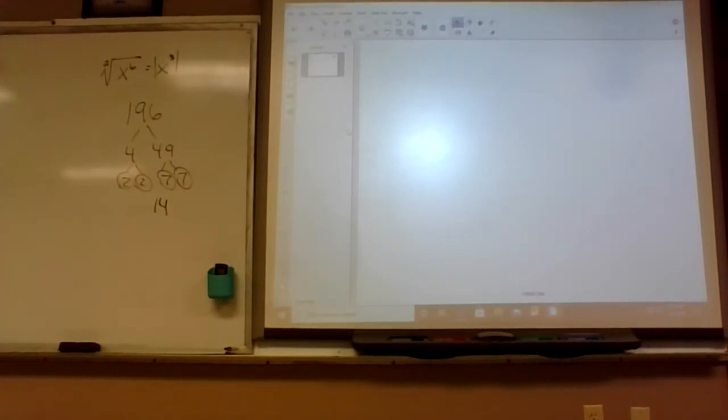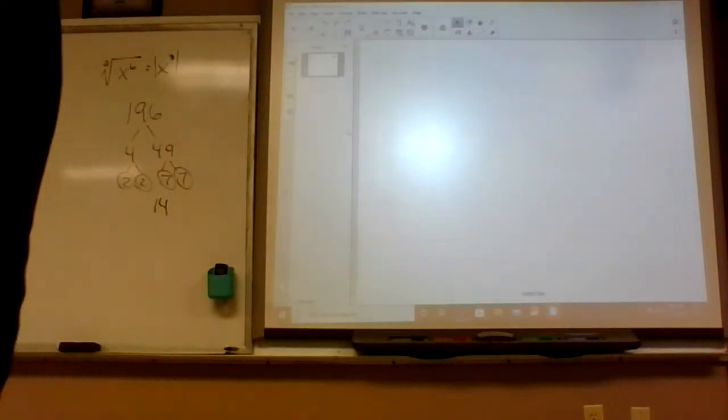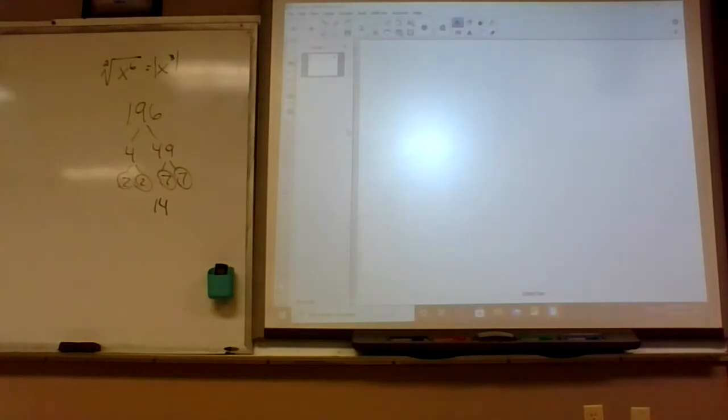Usually you want to put the number in before you hit that, or else you have to do that. Anybody else? Corey, did you find how to plug in the fourth root and stuff like that?